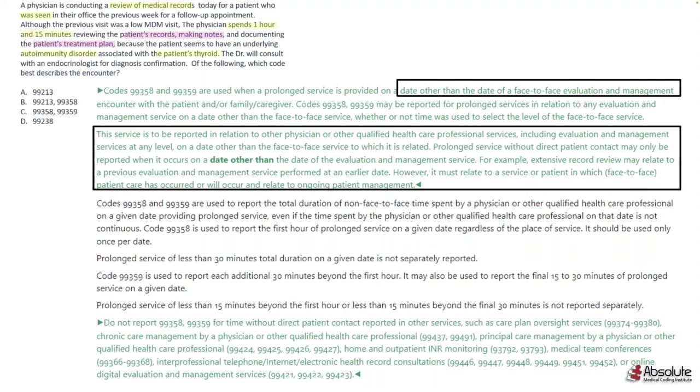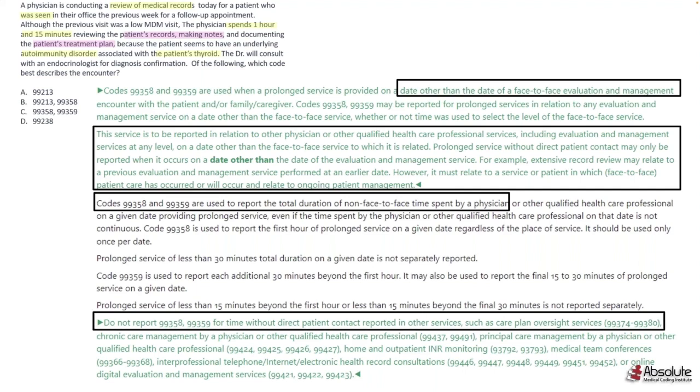Also, these codes must be related to a face-to-face or non-face-to-face E&M encounter. They have to be related, but it cannot be on the same day.